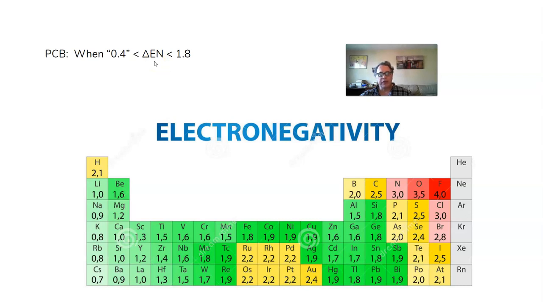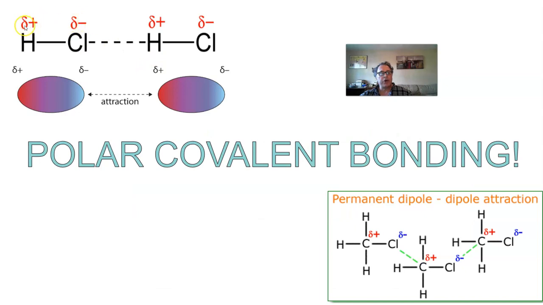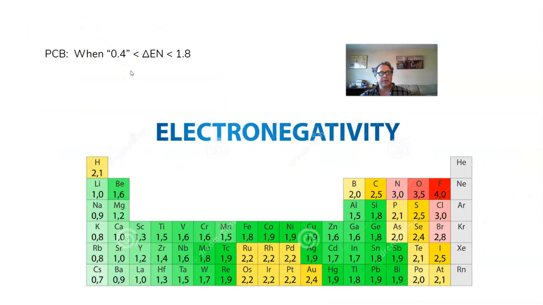There's a polarization of electrons. The bonding electrons tend to spend more time near the more electronegative atom, and that causes that polarization, that causes that partial positive charge, delta plus, delta minus.